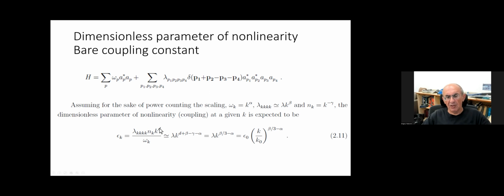This is just the total number of waves divided by frequency. If you now plug in here n_k, the Zakharov solution with gamma given by this, you get this scaling. This tells you that beta is the scaling of your lambda and alpha is the scaling of your omega. So it tells you that beta times 3 over alpha determines whether your turbulence is getting strong or weak as you go along the cascade.